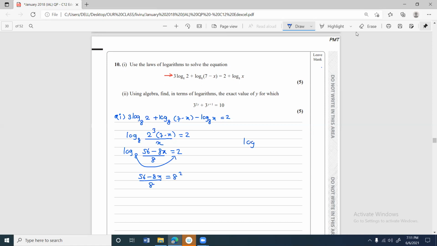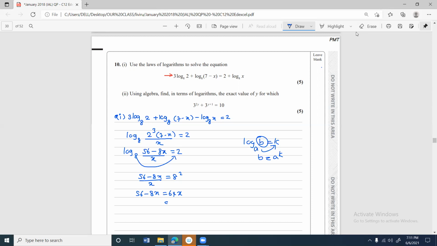The theory over here is that log a of b equals k means b is equal to a to the power k. So that's how it comes. So you can say 56 minus 8x is, sorry, this is not 8, it should be x. I made a mistake. 56 minus 8x is equal to 64x.